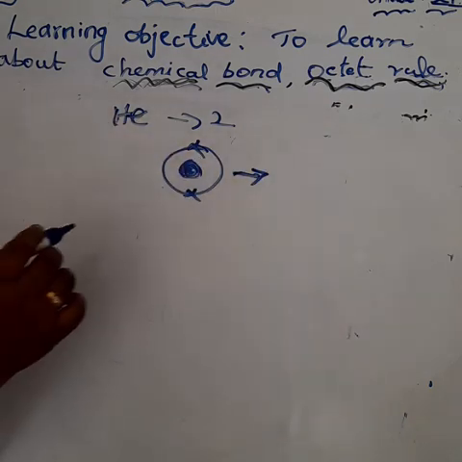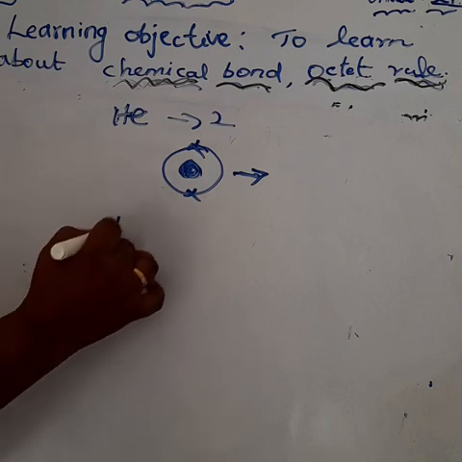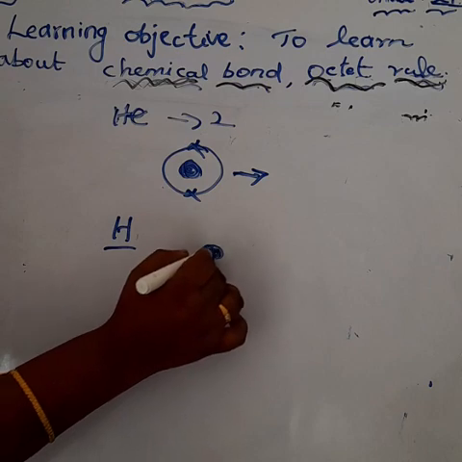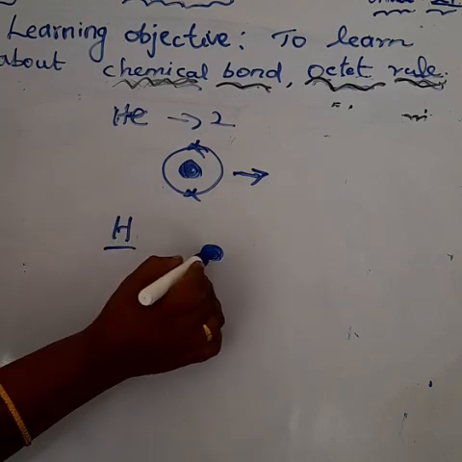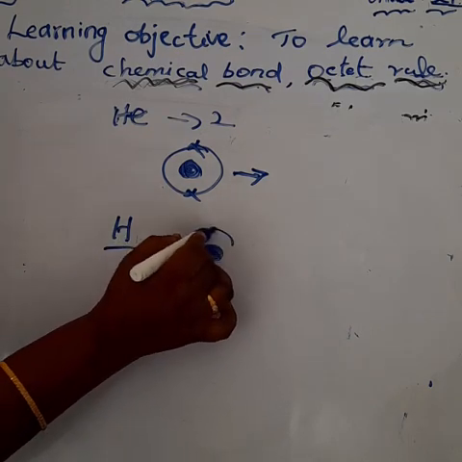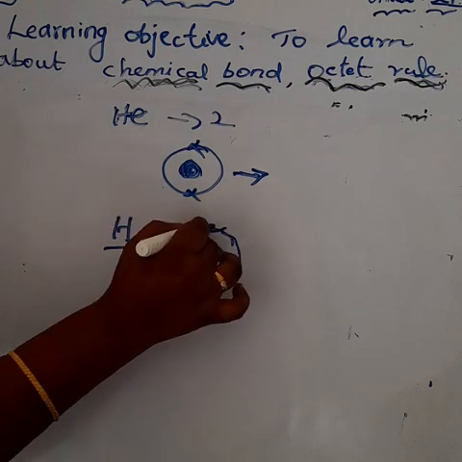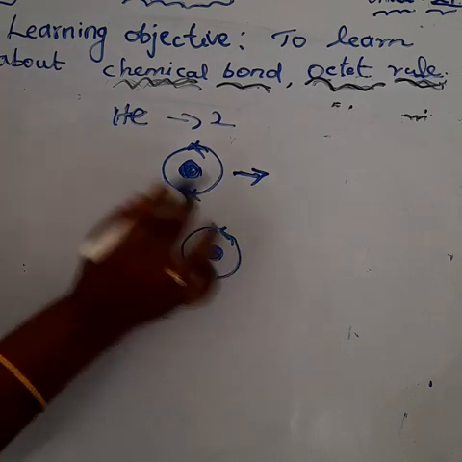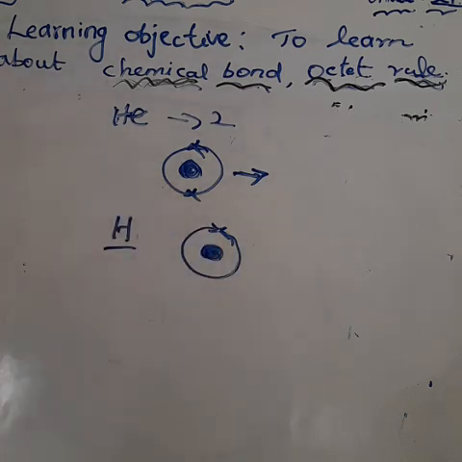But in the case of the hydrogen atom, this is the nucleus and this is the first orbit. How many electrons does hydrogen have? Only 1 electron, atomic number 1. So hydrogen is not stable now, because it has only 1 valence electron.